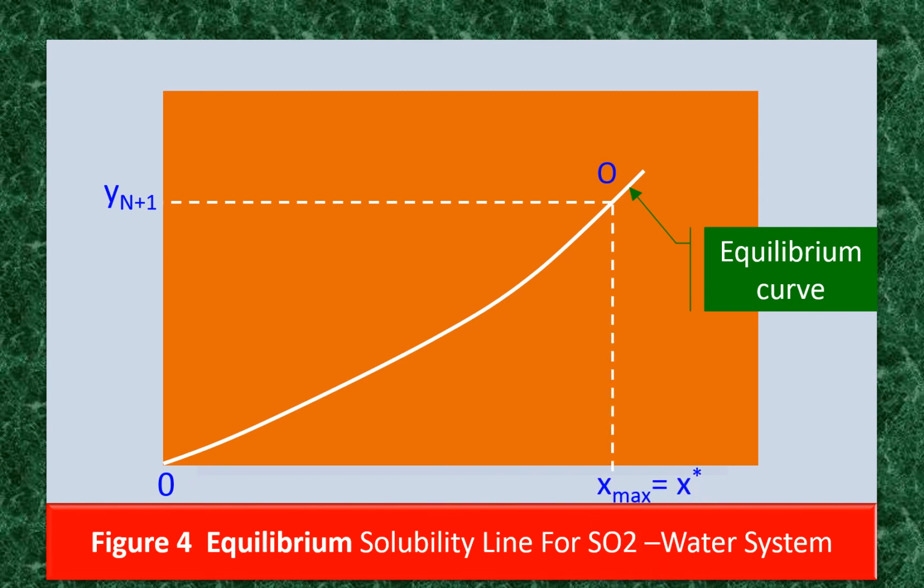Since the liquid concentration of solute at the column inlet is 0, the gas outlet concentration Y1 on the y-axis indicates the operating point.